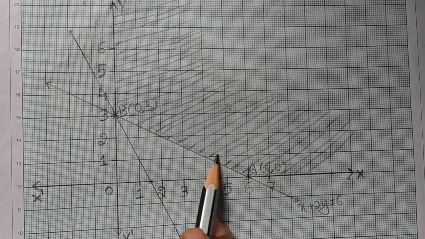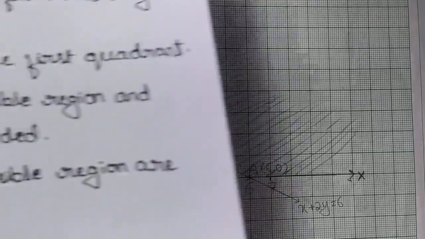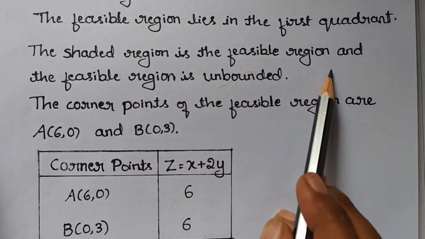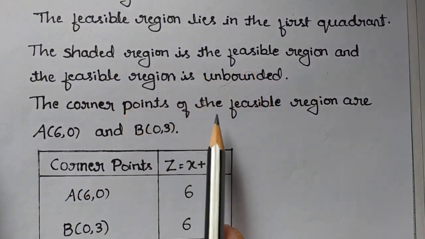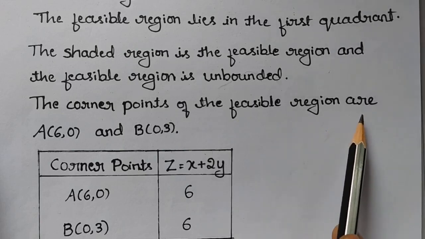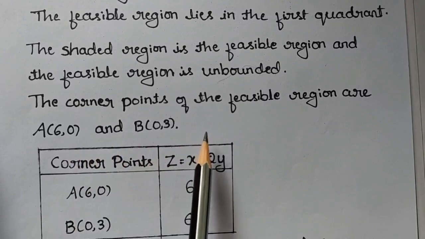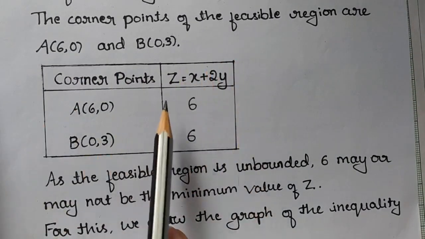Now let us evaluate the value of z at these corner points, but before that we write that the shaded region is the feasible region and the feasible region is unbounded. The corner points of the feasible region are A(6, 0) and B(0, 3). To evaluate the value of z, draw a table with two columns.